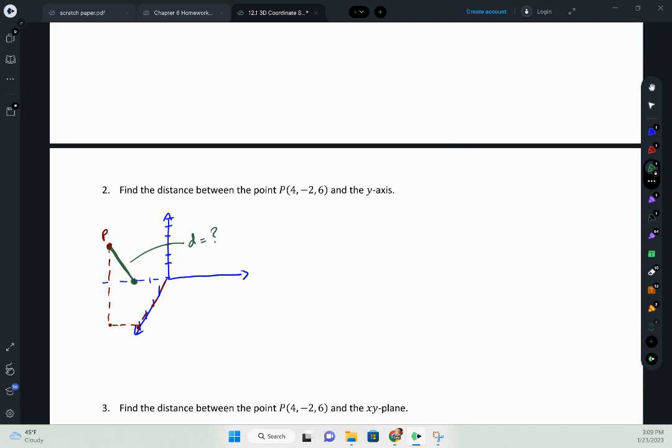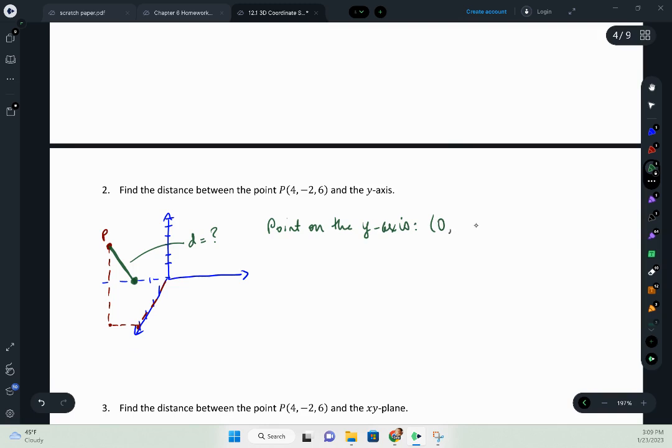Okay. We have our point P, but this point on the y-axis, let's see. So if it's on the y-axis, then the x value is 0 and the z value is 0.